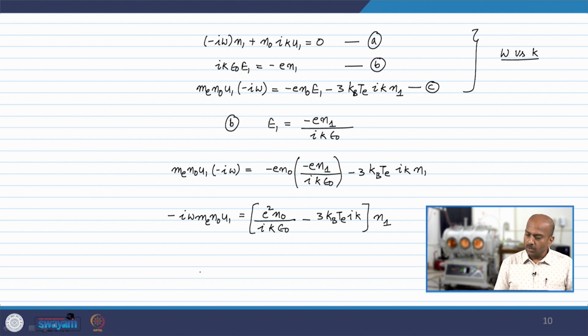Now, from equation number A, we can write n1 is equal to minus n naught i k u1 divided by minus i omega, which is equal to n naught k u1 by omega, right.